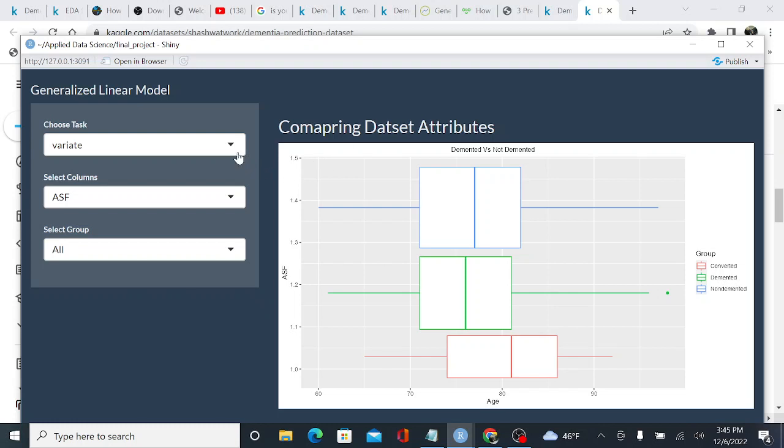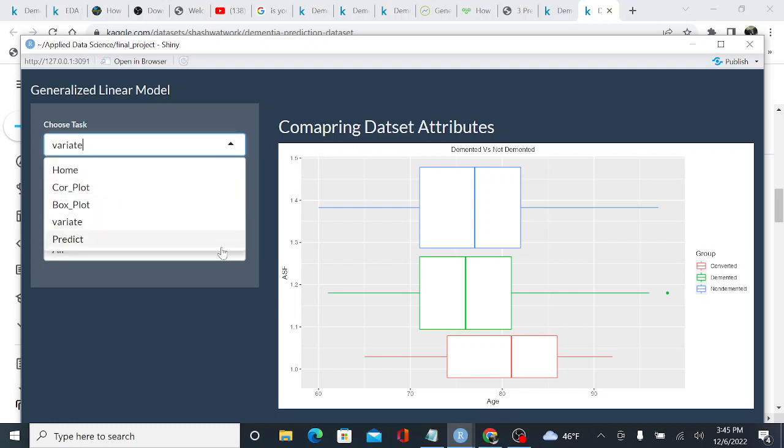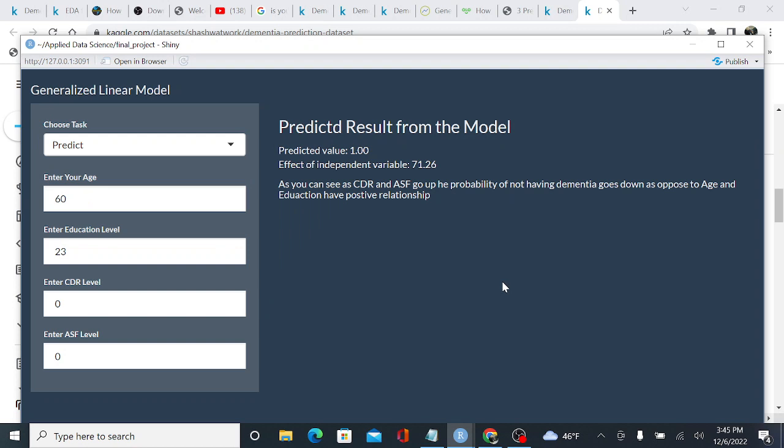Okay, let's go into predictions, and how these are affecting the outcome. If you're at the age of 60, your education level is the highest, the CDR level is low, and the ASF level is low, the prediction value is 1, which means, as I chose 1, not demented.